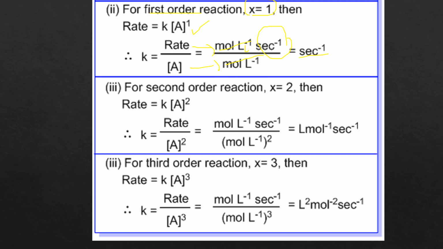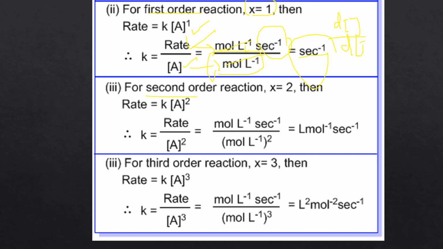What does that mean? We are only taking the concentration unit here. That's why the concentration will be cancelled with the rate constant's concentration. And we'll be left with the second, as we know that the formula of the rate is the change in concentration divided by dt. So here we are only left with the dt.